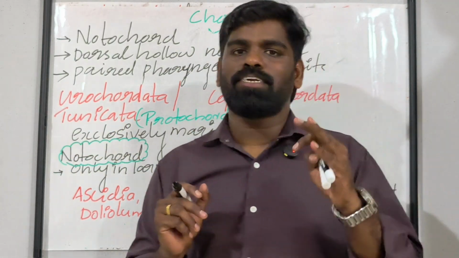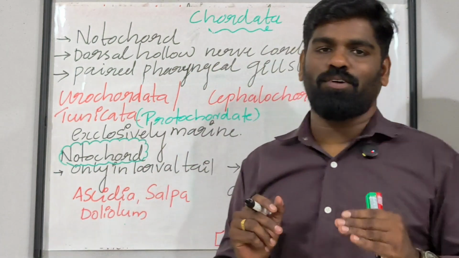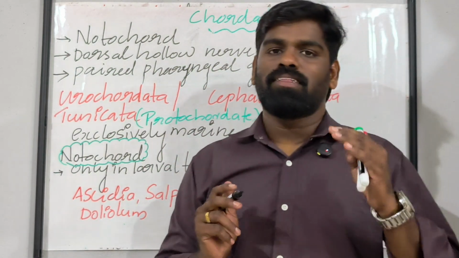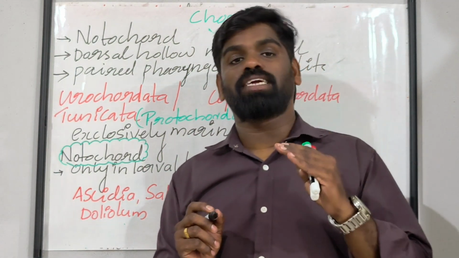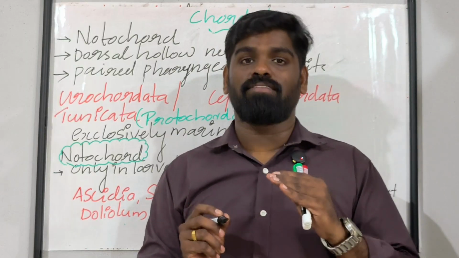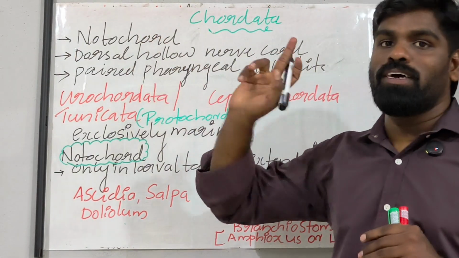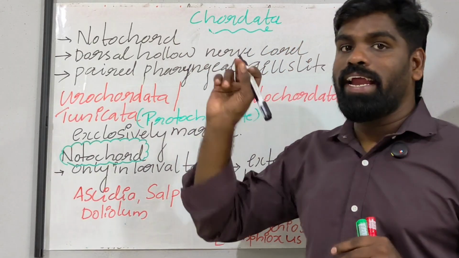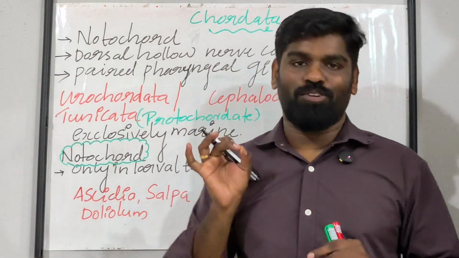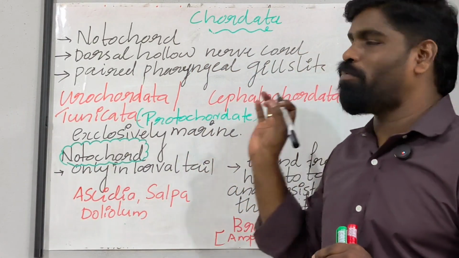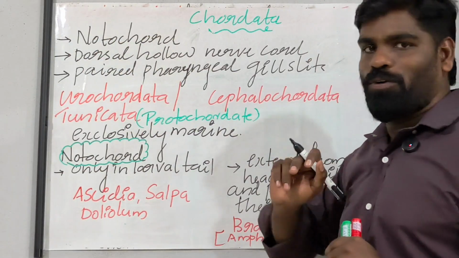The major characters which we can see only in the chordates are, first, the notochord. Chordates possess a notochord.